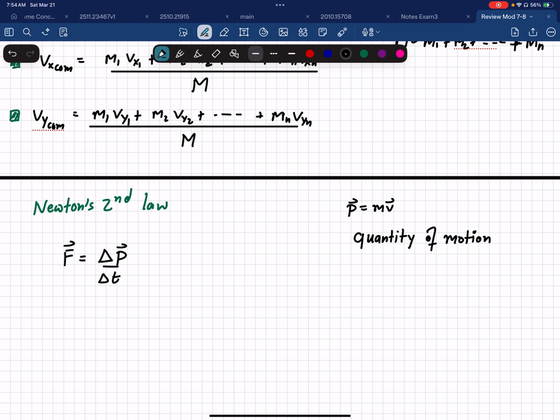Now, the force is again related to the quantity of motion of any object. Again, this quantity of motion will spit out two expressions, in one of which the mass is constant.